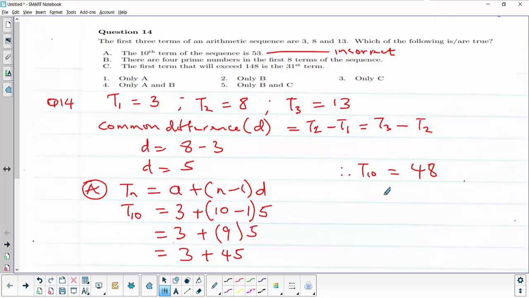So let us list from T1 to T8. Our T1, T2, T3, T4, T5, T6, T7, T8. So T1 is 3.